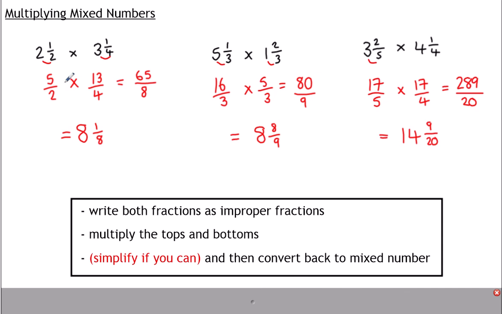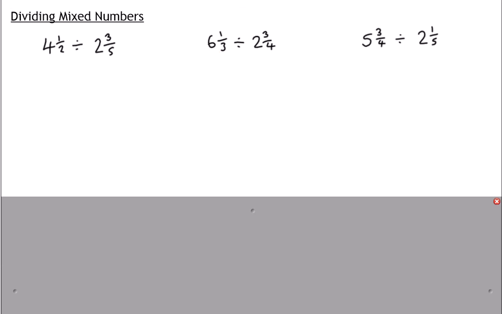Okay. Right, if we look at dividing now then, it's almost the same thing, apart from you've got to do your flipping this one upside down rule for dividing. So on the first one, I've got to write it as a top heavy. So 4 times 2 plus the 1 makes 9.